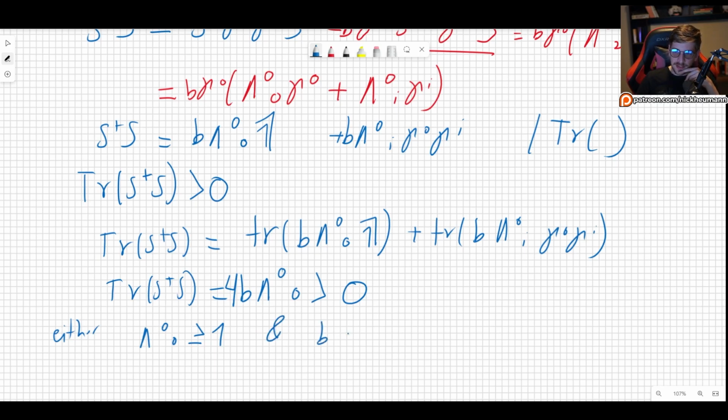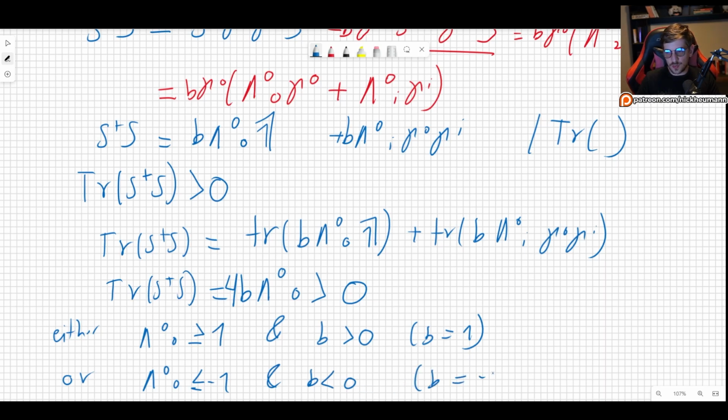And b is greater than 0, which means, of course, b equal to 1, since we already saw that it is plus or minus 1. Or lambda 0,0 is smaller or equal to minus 1, and b is smaller than 0, which of course means that it would be equal to minus 1. So those are the two possibilities.